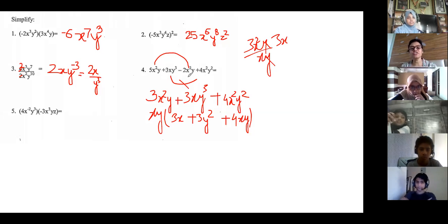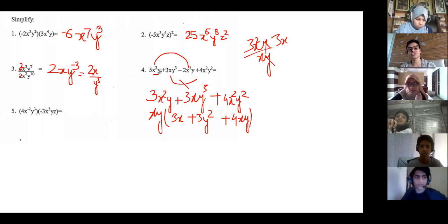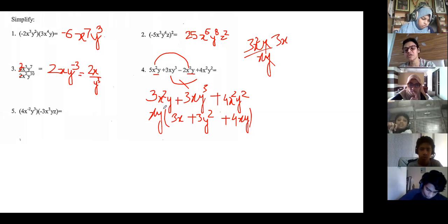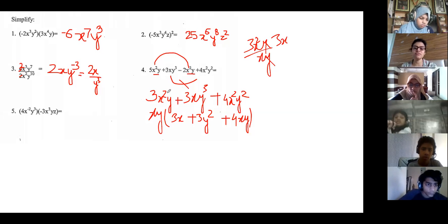We took x square y common in these two terms and did 5 minus 2, which is 3. So 3x square y is the answer. Algebraic addition you have done: same terms are added and same terms are subtracted. Okay, so this will be the answer.